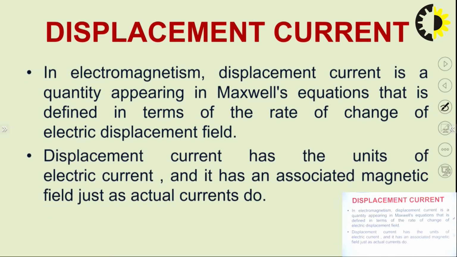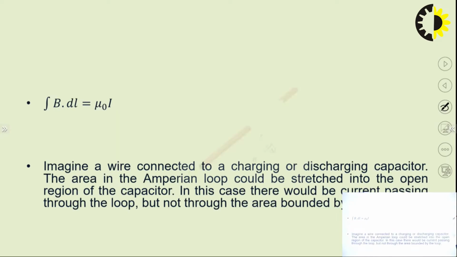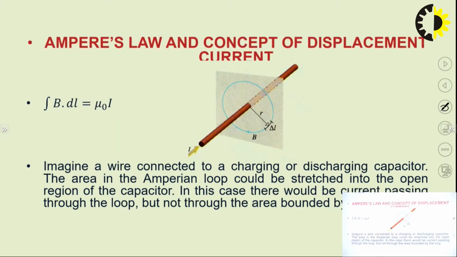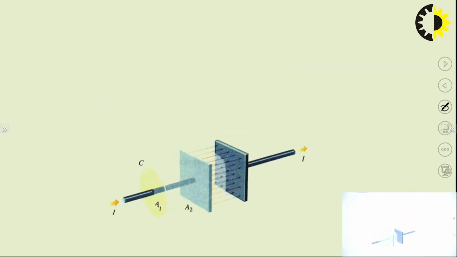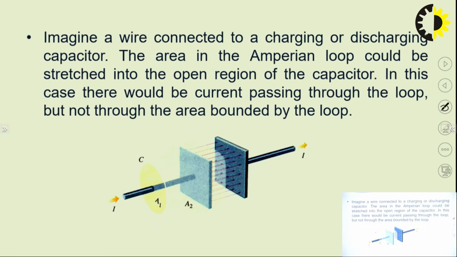So, now displacement current. This is actually a current which was discovered by Maxwell. So, this is the main contribution of Maxwell.